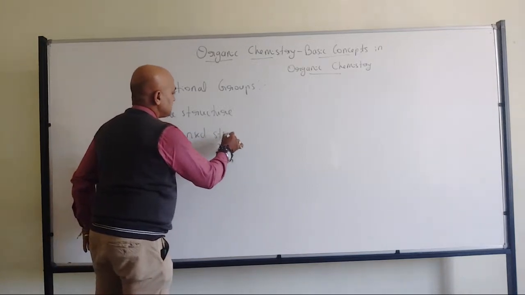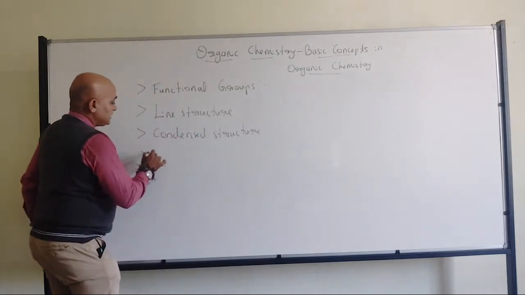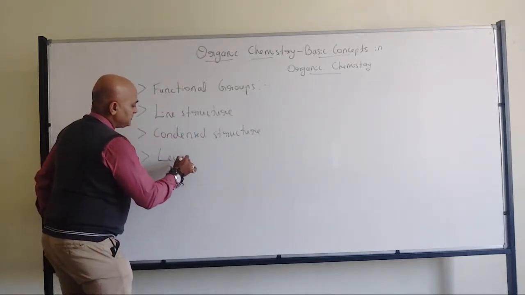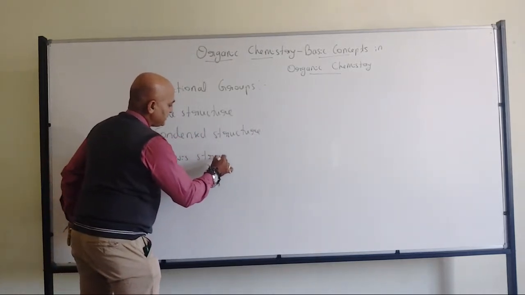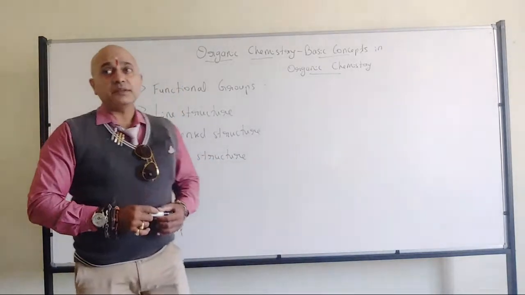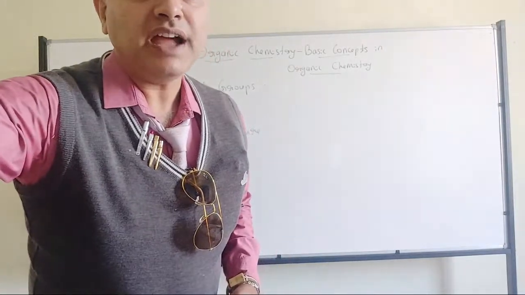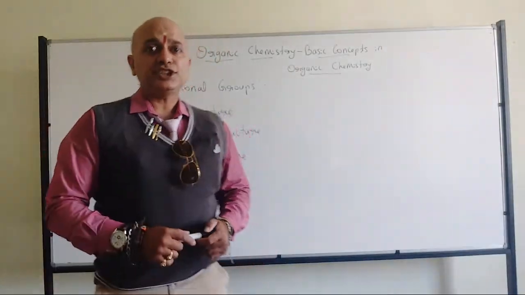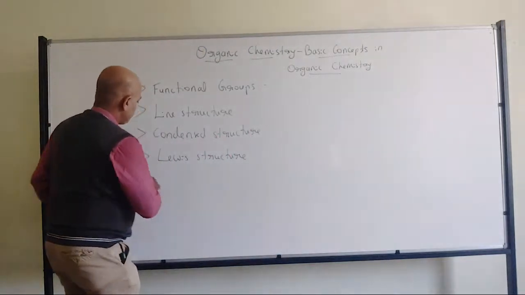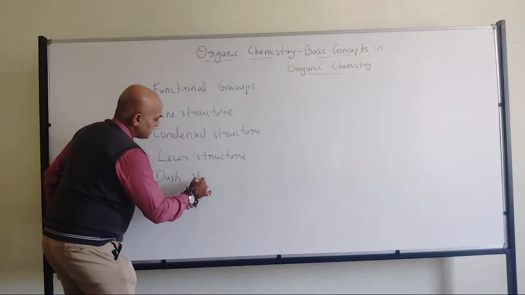That is line structure, condensed structure, then Lewis structure. So these are the different ways in which we can represent an organic compound. Yes, we have even discussed the dash structure.